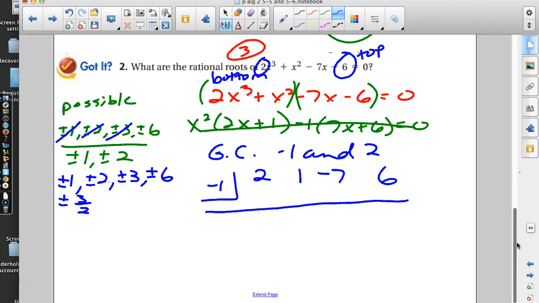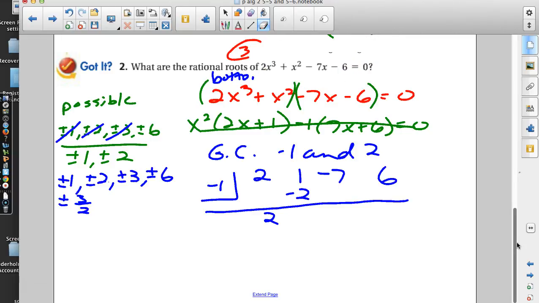All right, bring the 2 down. Multiply. Oh, we're just going to do synthetic on the original. Bring down the 2, multiply, add, multiply, add, multiply.